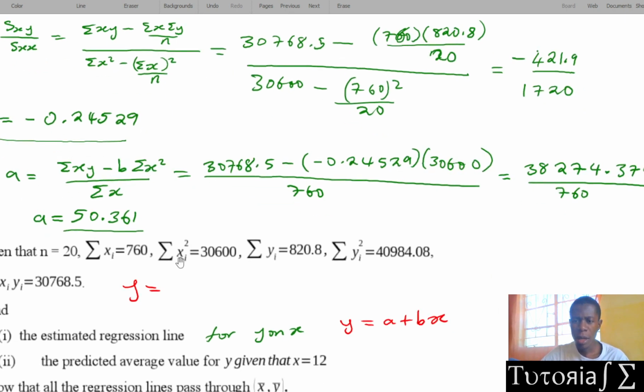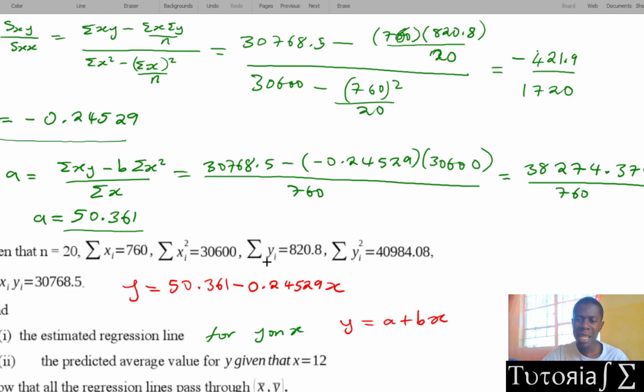Our a is this 50.361, and our b will be negative this. So to make this negative, 0.24529 times x. So this is our estimated line of regression for y on x.